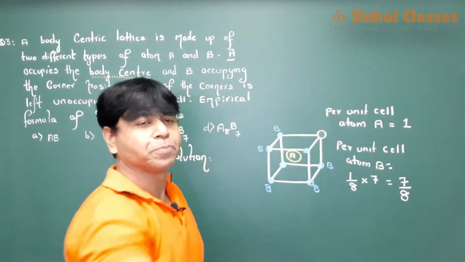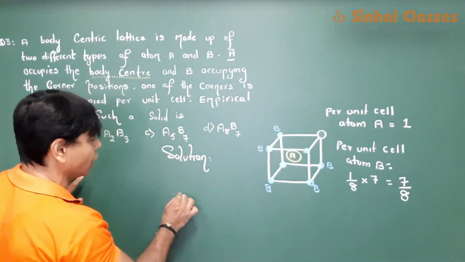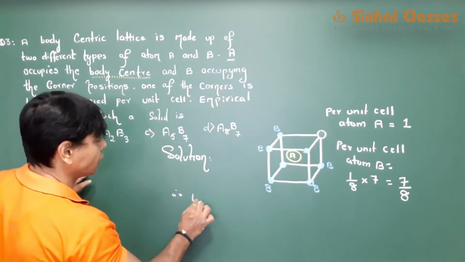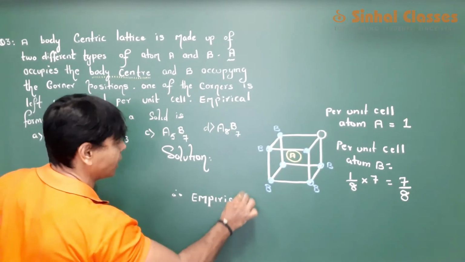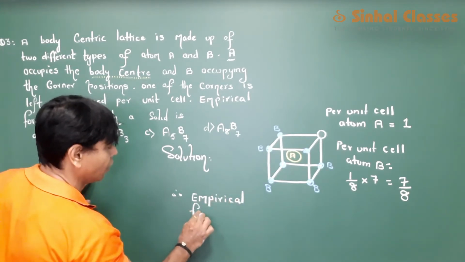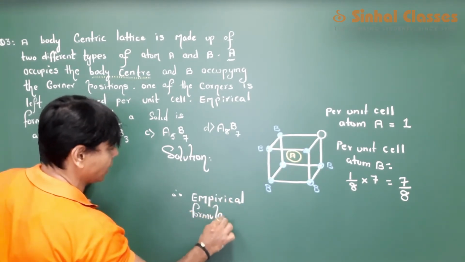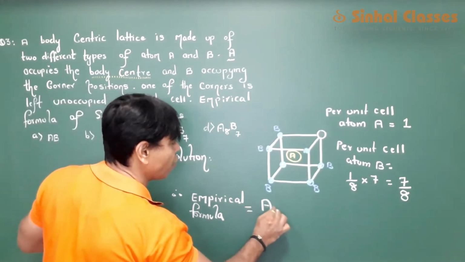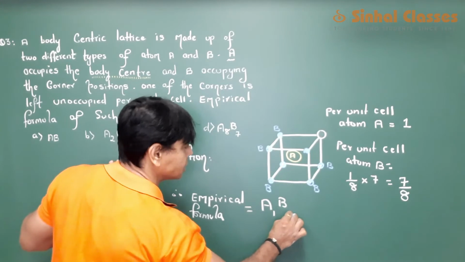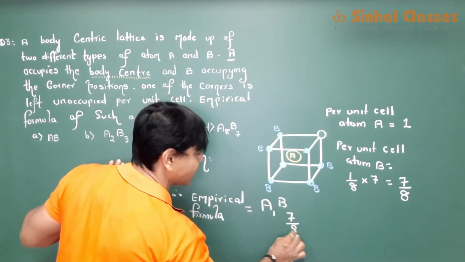So therefore the empirical formula will be equal to A1B7/8.